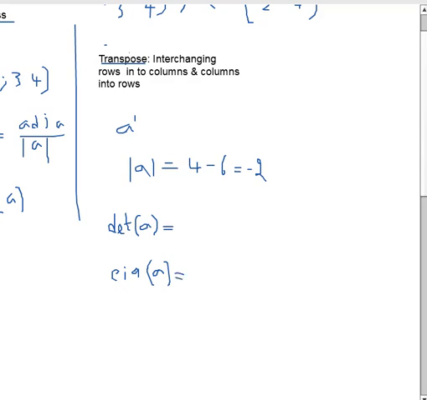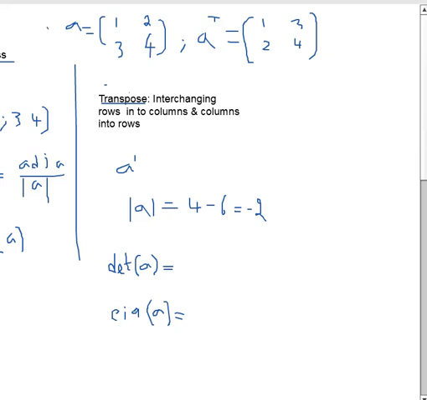You just try it. For the A matrix I defined as 1, 2, 3, 4, the Eigen values are minus 0.3723 and 5.3723. So these are the Eigen values.